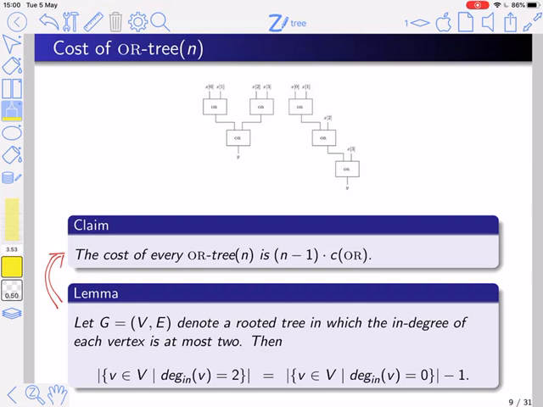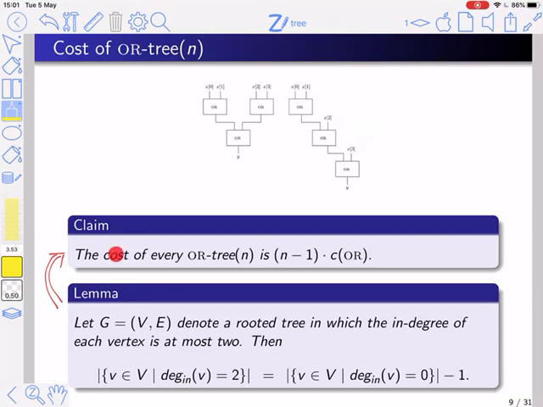Okay, so we have here two OR trees over 4 bits. And we know by the claim that both of these OR trees compute the OR of 4 bits. Let's count how many OR gates you have in each tree. So in the left tree you have 3 OR gates, and here you also have 3 OR gates. Is this by chance, or is there some structure here?